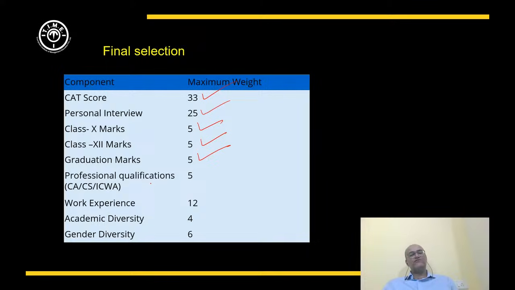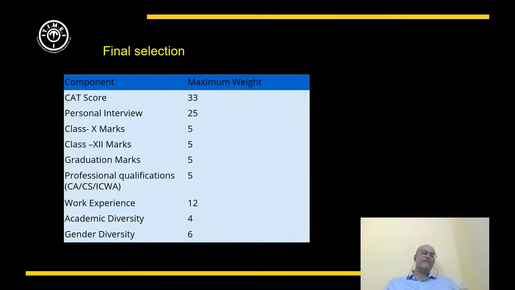Professional qualification like chartered accountancy, company secretary, ICWA had another 5% weightage. Work experience was given 12% weightage, and academic diversity for non-engineers 4%, and gender diversity for girls and transgenders 6% weightage was assigned. This is how IIM Kashipur carried out the final selection of candidates.